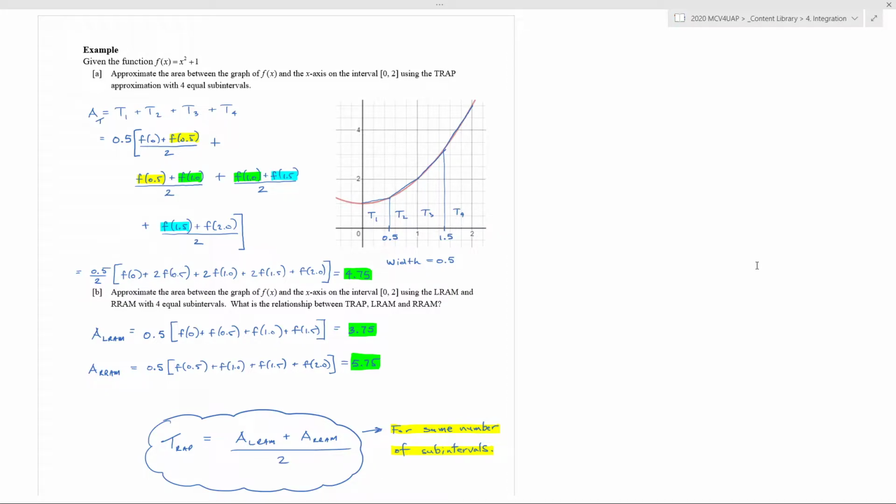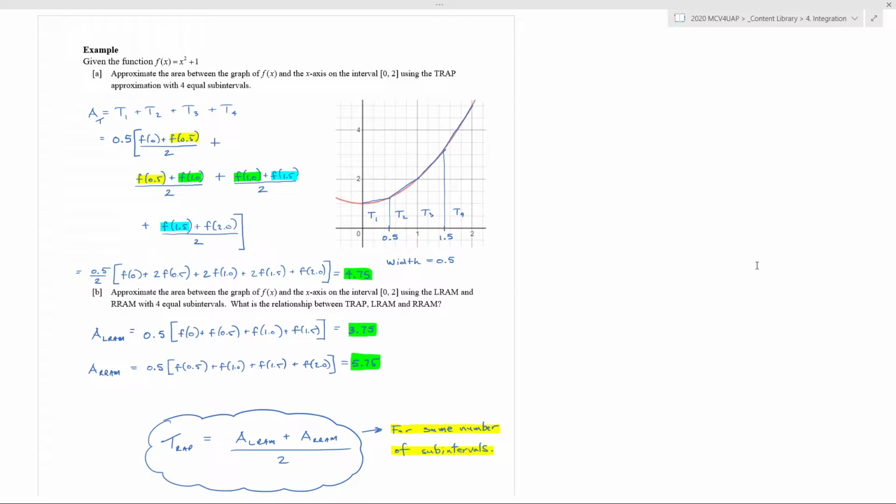And then the last part of the question asks, what's the relationship between the trapezoidal approximation and the LRAM and RRAM approximation? And you can see from what I've written there that the trapezoidal approximation will always be the average of the left rectangular approximation and the right rectangular approximation, as long as you're using the same number of intervals.